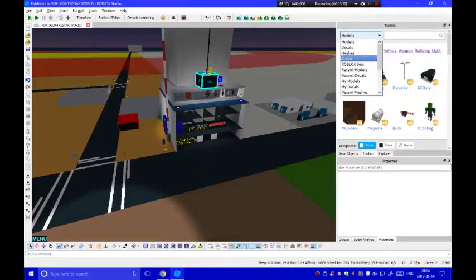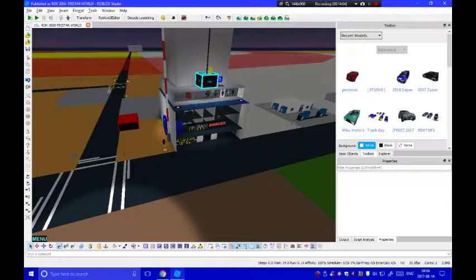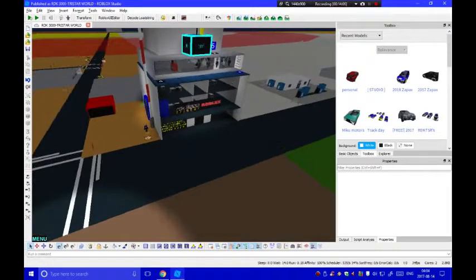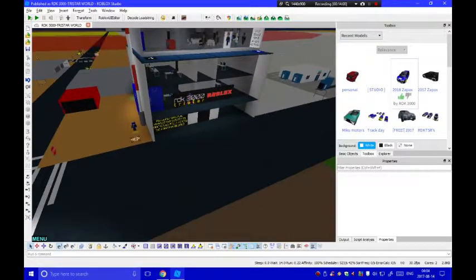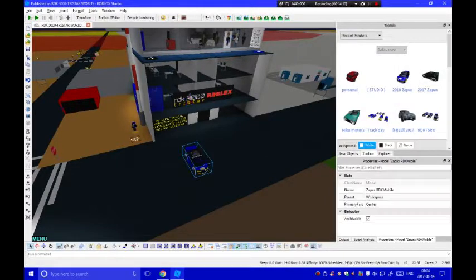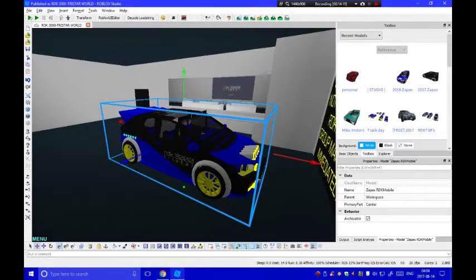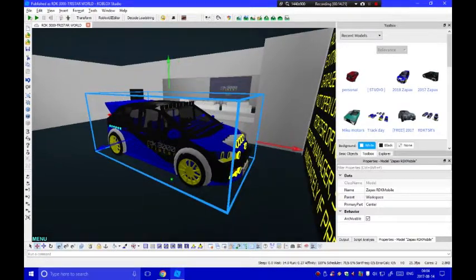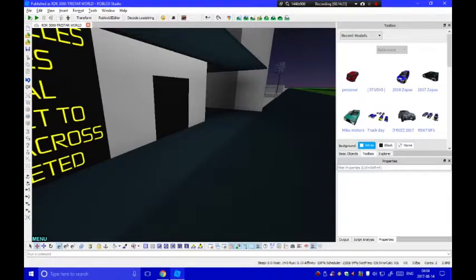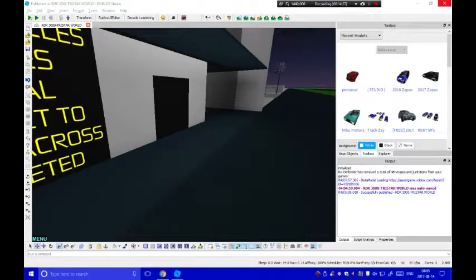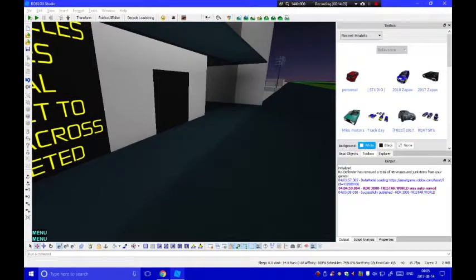Let's go to my recent models and place this car in the elevator. Let me publish the place to robots. Okay, the place has been published, and let's close down the place.